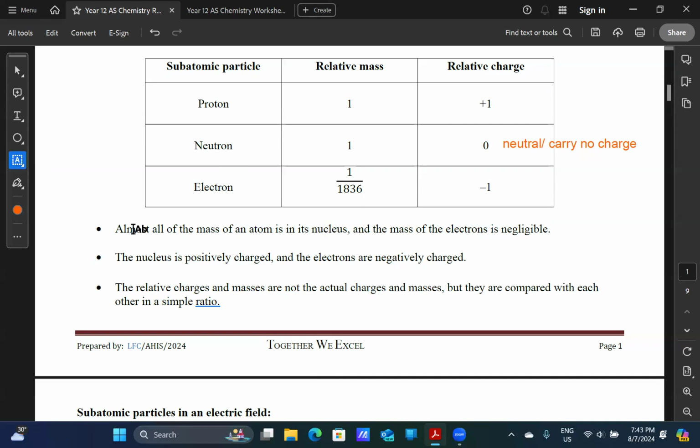That's why we mentioned here, almost all of the mass of one atom is in its nucleus, because the mass of the electron is negligible, meaning it doesn't count, because the mass of the electron is too light. That's why we don't count the mass of the electron to measure the mass of one atom.